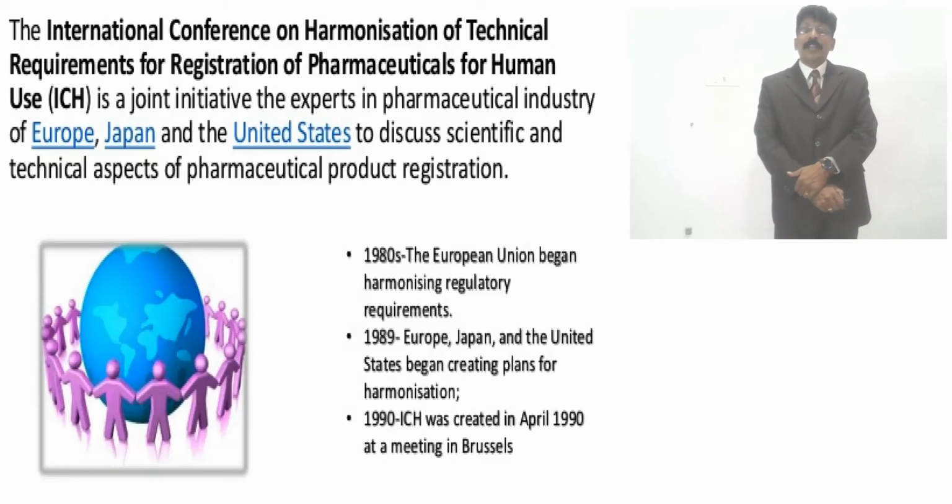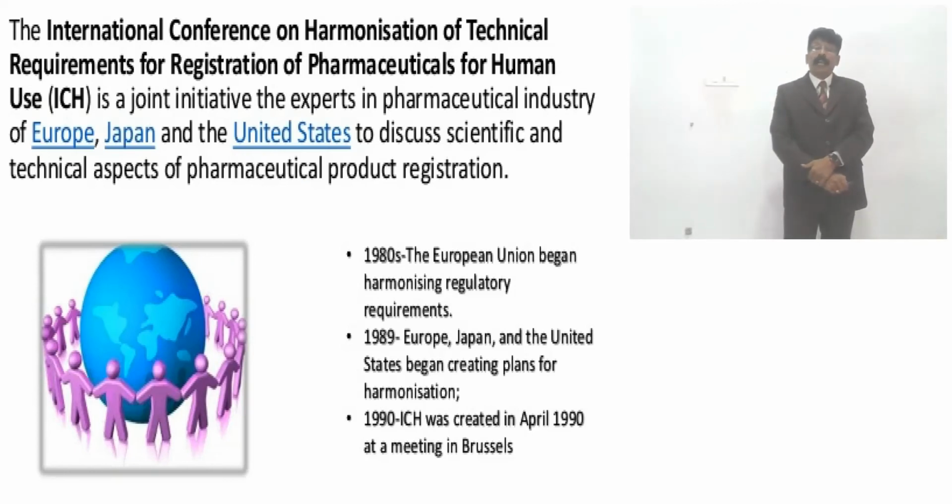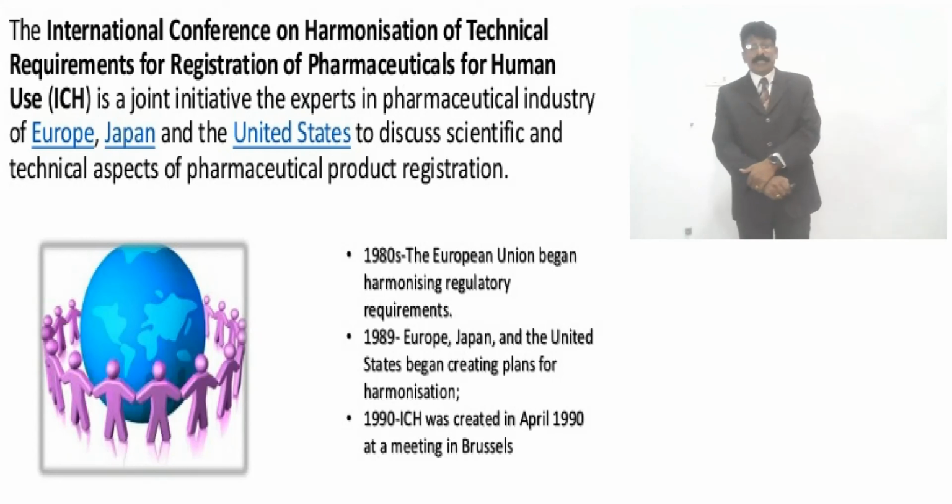So here, before going to the topic, we should know about the international conference which was held and which made the harmonization of technical requirements for registration of pharmaceuticals, that means pharmaceutical products including herbal products for human use.